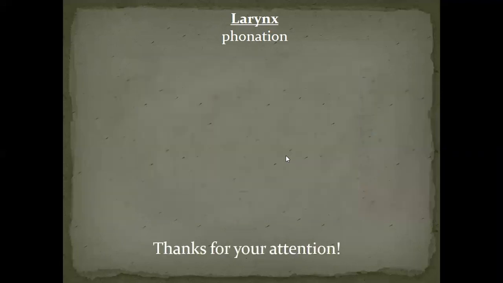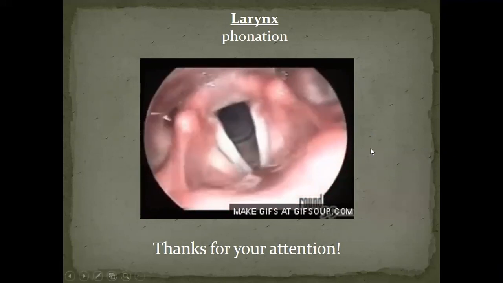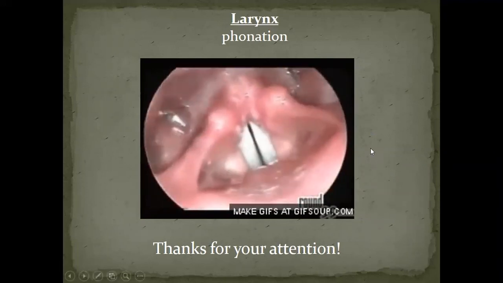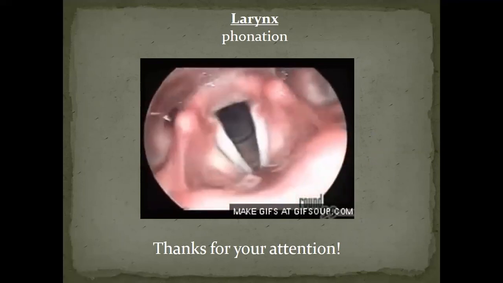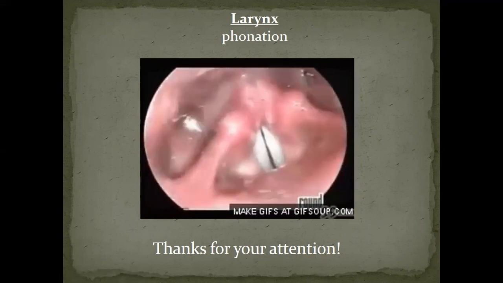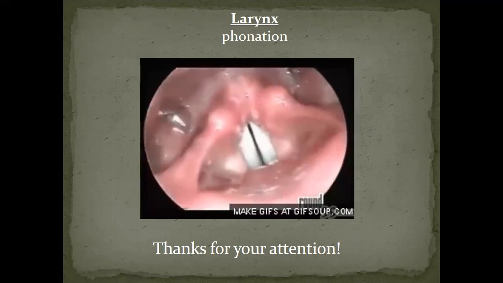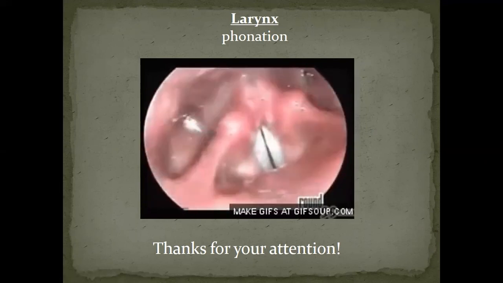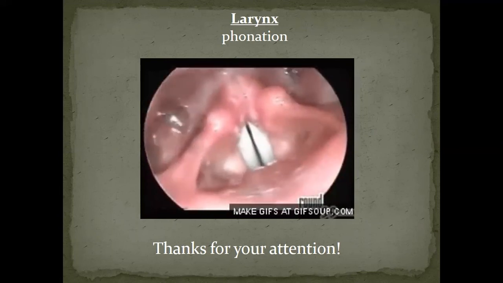For finishing, I have a little animation, which, yeah, now it works. This is the vocal folds and the rima glottidis from a superior view. Breathing in, heavy breathing, it opens up.